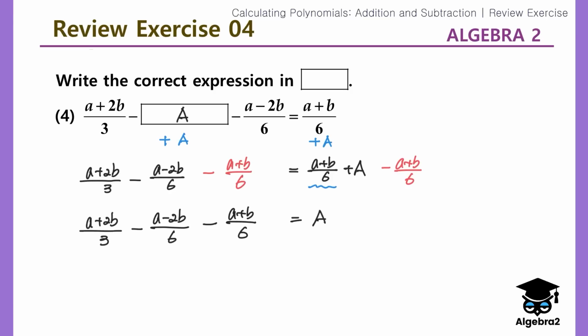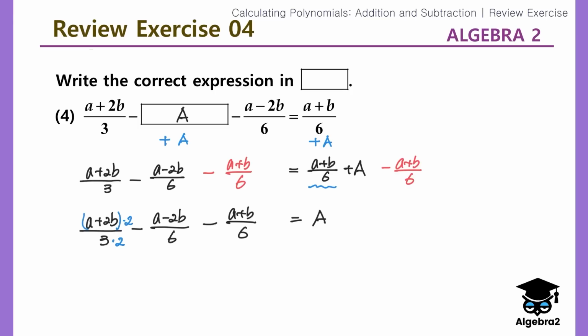We have denominators 3, 6, 6. So the common denominator is 6, right? I'm just going to multiply by 2 here to make this denominator 6, and also by 2 here.